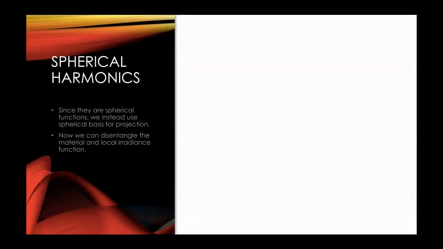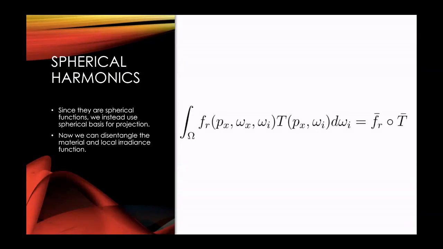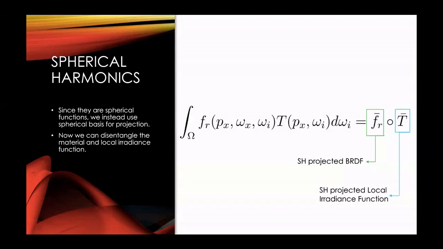Now, since we are dealing with spherical functions, we cannot use Fourier transforms because they are not defined on the surface of a sphere. Therefore, we need to use spherical basis of projection, one of which is spherical harmonics. So, we rewrite the equation in terms of spherical harmonics, where it becomes the product of SH projected BRDF and SH projected local irradiance function. This way, we are able to disentangle the material and the local irradiance function.